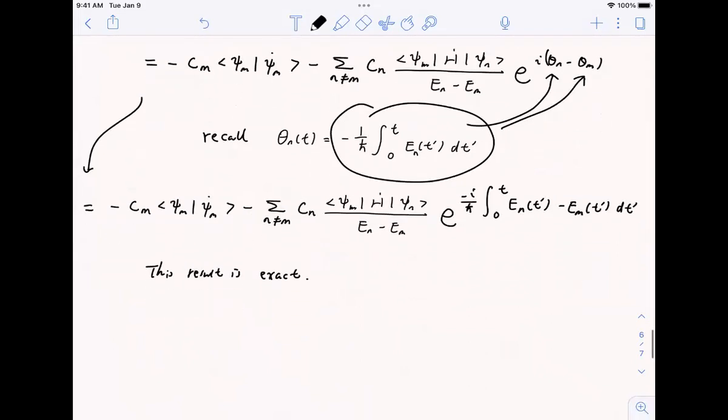So here comes the adiabatic approximation.